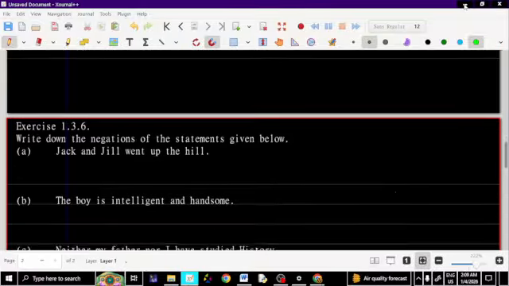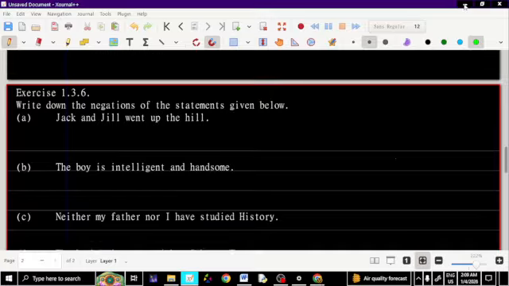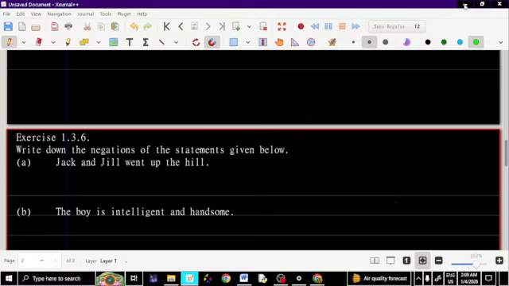Now moving on to the next exercise 1.3.6. We have to write down the negations of the given statements.